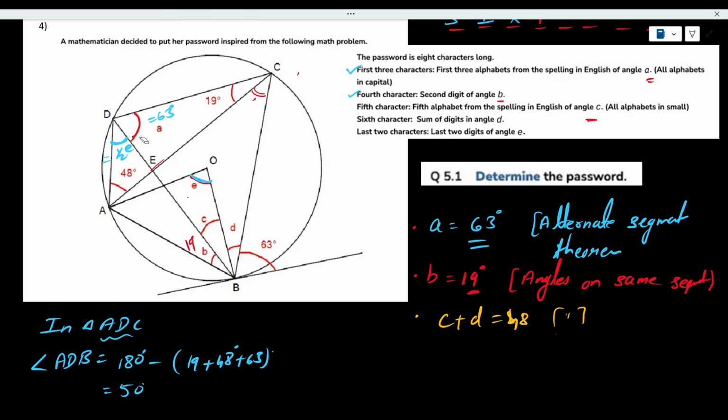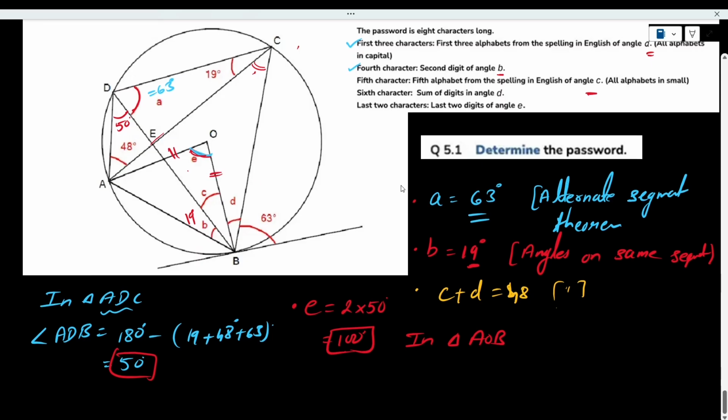This angle you are getting as 50 degrees, and double of this is going to be the central angle. So this is your 50 degrees, and angle E will be double of this, because of the central angle theorem: the angle at the center is double the angle on the circumference. So 100 degrees is E. Now in triangle AOB, you know that OA equals OB, these are radii, so the base angles are equal.